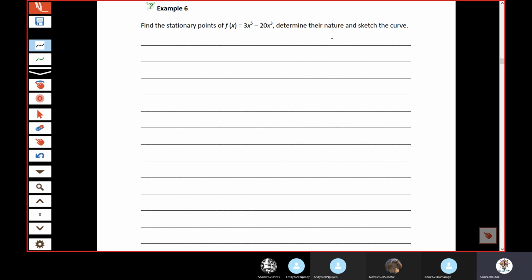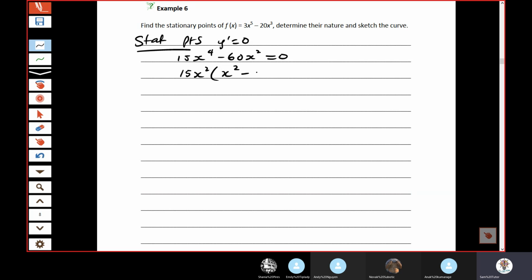Let me start as well, so you can double check it. Find stat points. y dash equals 0. So 15x to the power 4 minus 60x squared equals 0. I would probably factorize an x squared and maybe even 15.